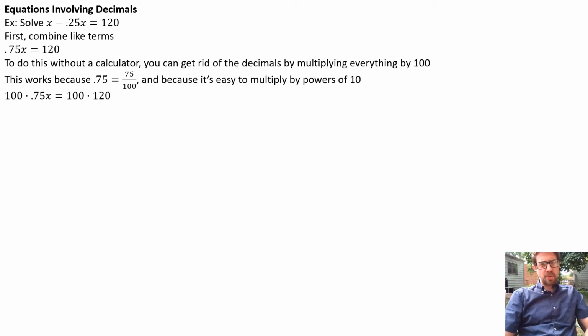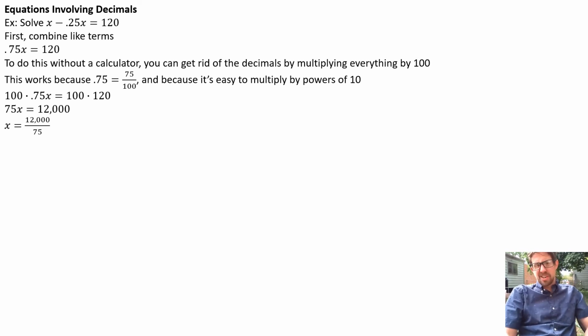So we have 75x equals, when you multiply 120 by 100, you know that you just add 2 zeros. 75x equals 12,000. Multiply both sides by 1/75. So you have 12,000 over 75. Now you would just reduce the fraction by hand, or if you're at home, I can't stop you from using a calculator.